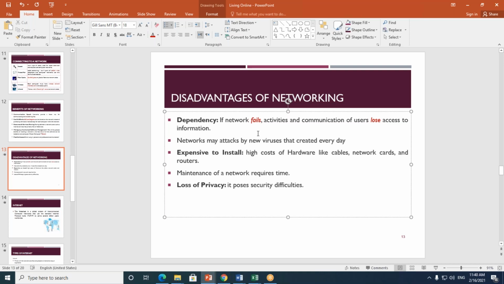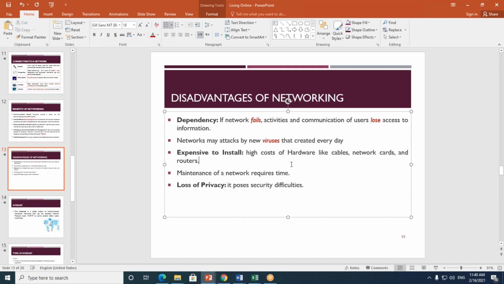Loss. The network may be attacked by new viruses that are created every day. So viruses are again a drawback of a network, unless I am very keen.